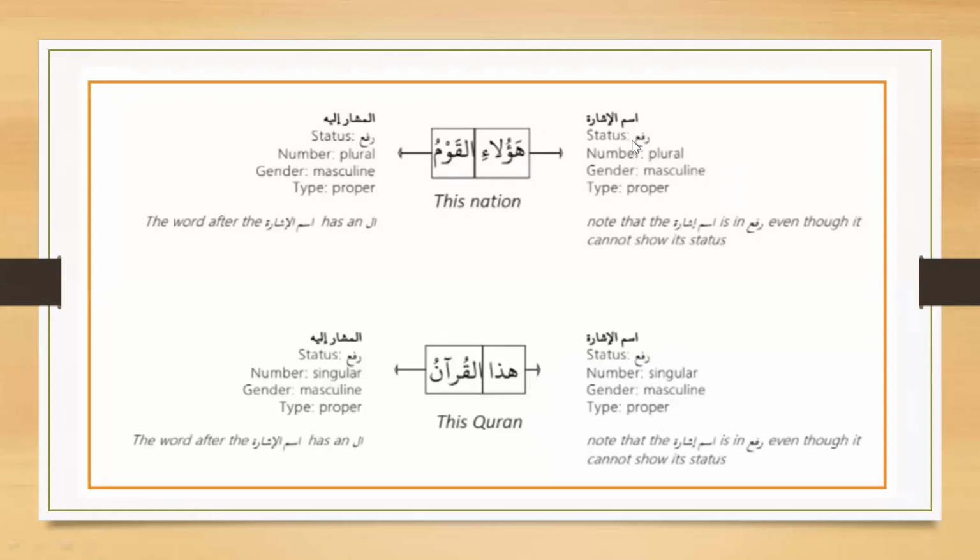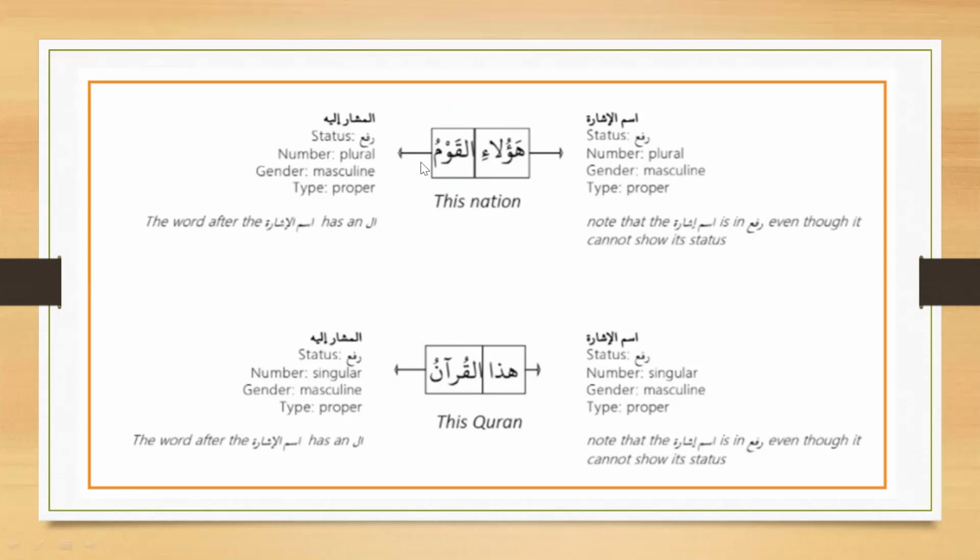Another two more examples. Haulai is, we know, rafa, it's plural. It can be both masculine and feminine, and type is proper, right?